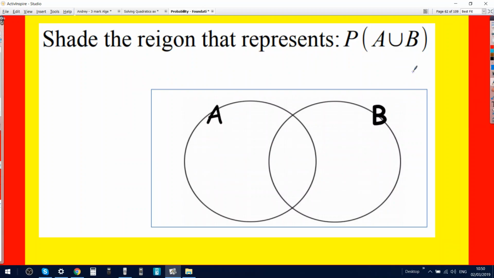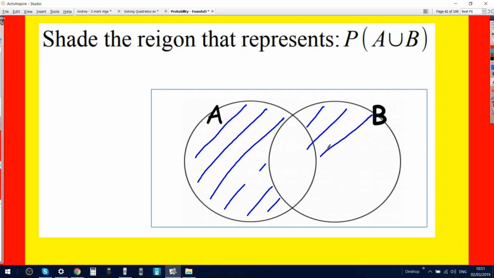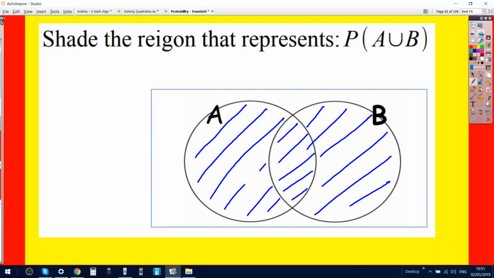A or B. So that'd be the left and the right sector. Is that it? And is it the outside? Do the people in the middle do either A or B? Yes. You're the one who keeps excluding the middle. I never told you to exclude the middle.